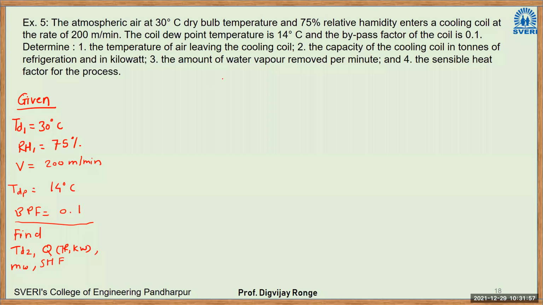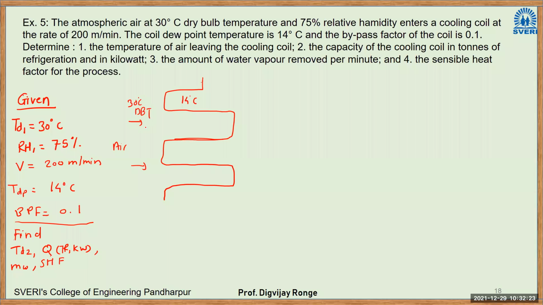For your understanding, I will draw the schematic here. Let us say this is a cooling coil. Now the coil's dew point temperature here is 14 degrees Celsius. The air is entering at how much temperature? 30 degrees Celsius DBT and 75% RH. It comes in contact with the coil.